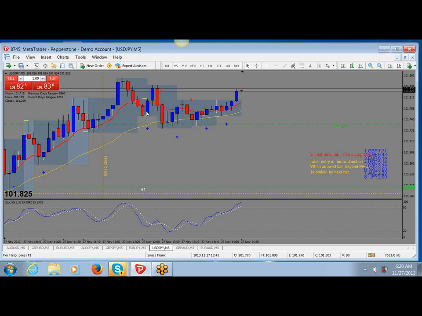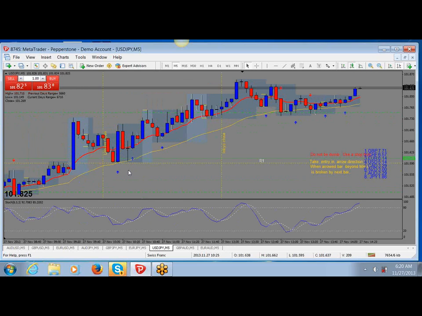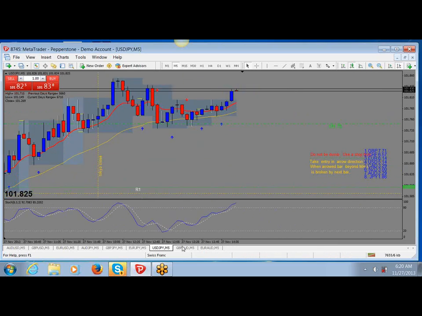There's 1, 2, 3, there's 4 trend trades off of UJ right there. And there's another one, 5, 6. 6 of them so far.